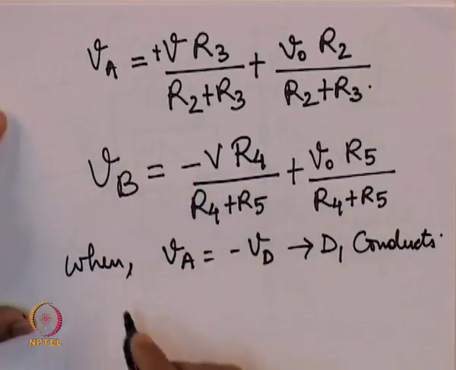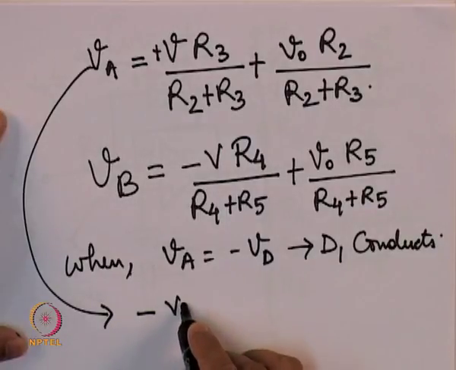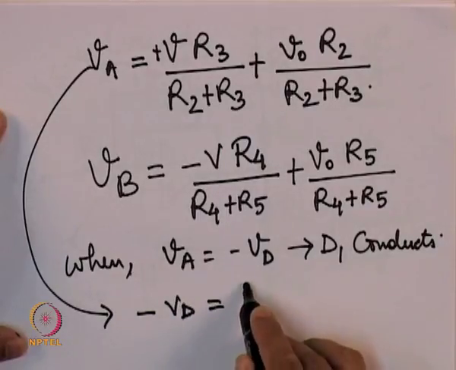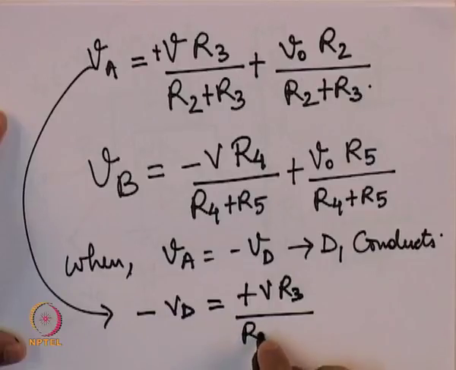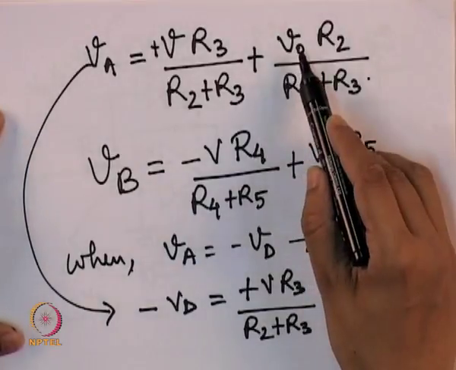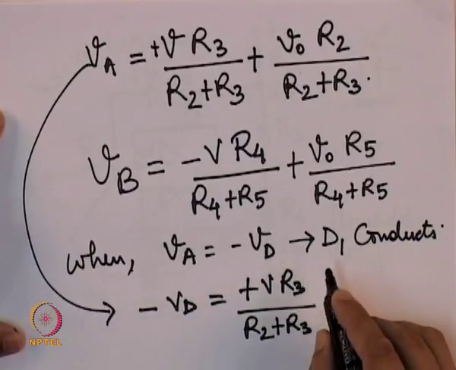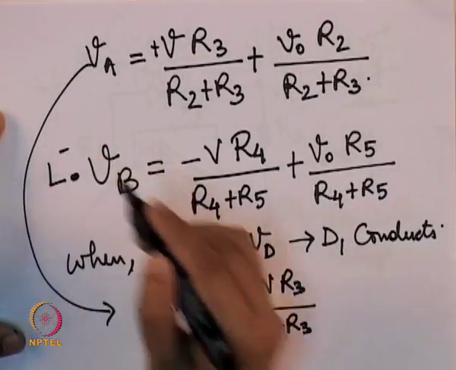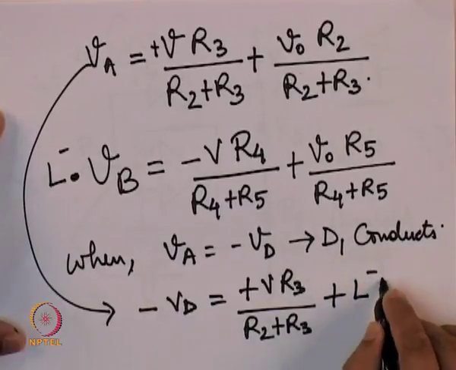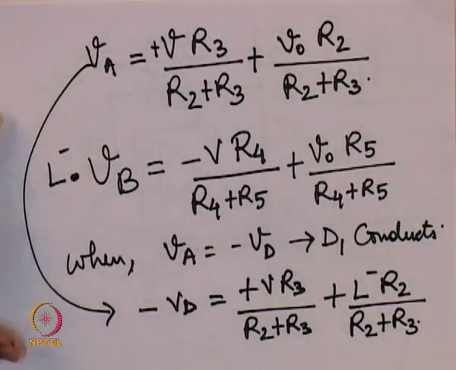So, then from this expression, minus Vd is equal to plus V R3 upon R2 plus R3, and let us suppose the value of the output voltage when Va is equal to Vd is what I call L minus, that is, L minus R2 upon R2 plus R3.